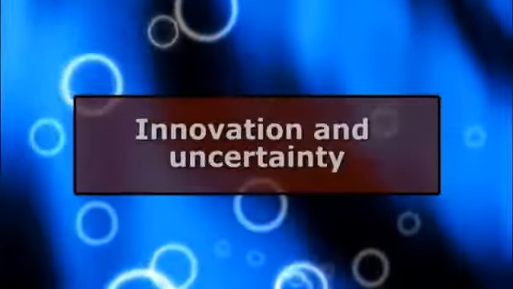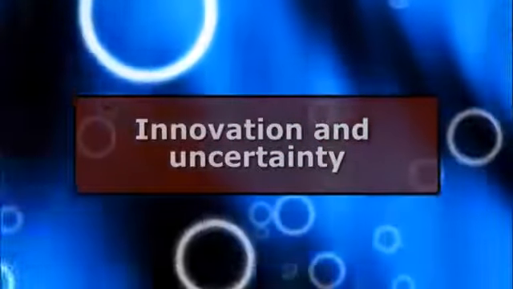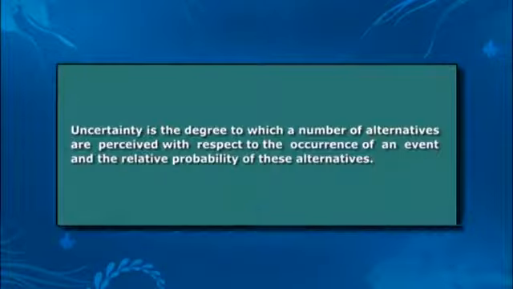Further, let's discuss the topic innovation and uncertainty. People may perceive some degree of uncertainty in the newness of an innovation. Again, according to Rogers, in the year 1995, uncertainty is the degree to which a number of alternatives are perceived with respect to the occurrence of an event and the relative probability of these alternatives.